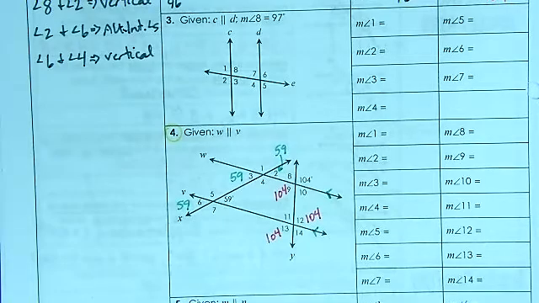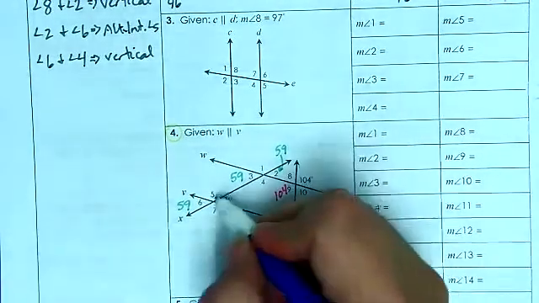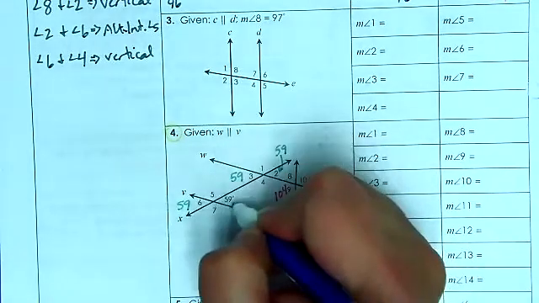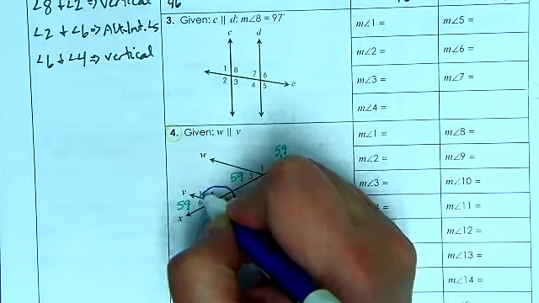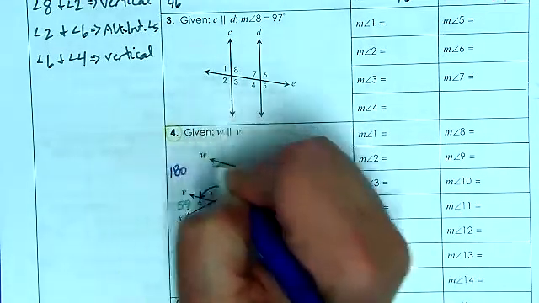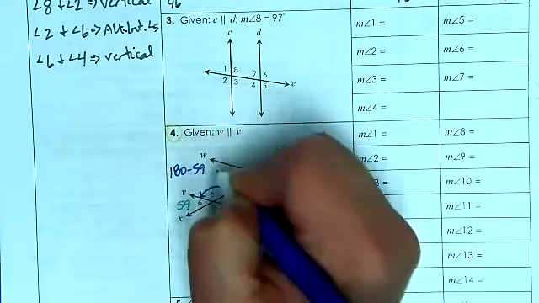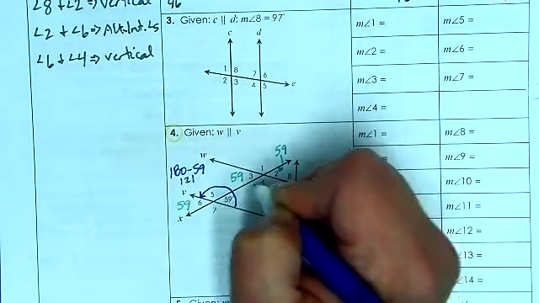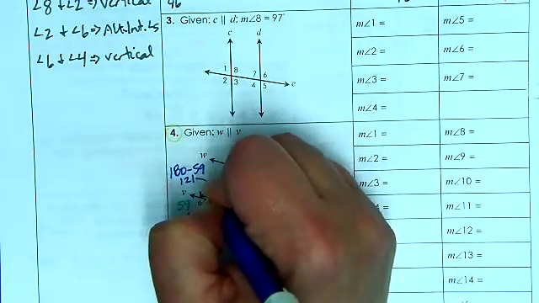Okay, so I've got to figure out what either 5 or 7 is, because it makes a straight line. So I'm going to do 5. So we know this makes a straight line. So that means I'm going to be doing 180 minus 59, which gives me 121. So therefore, 5 is 121.